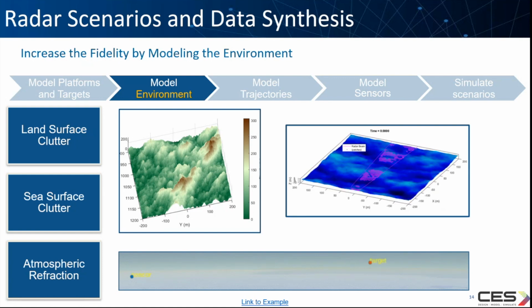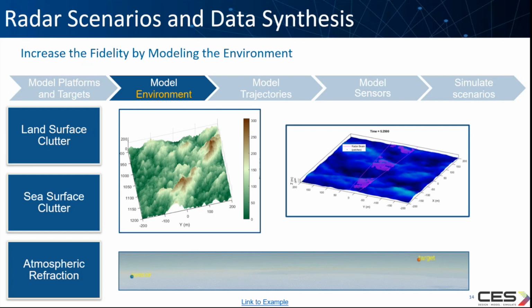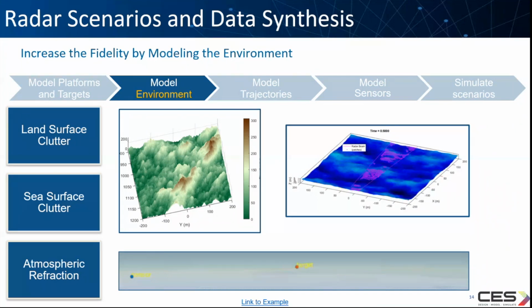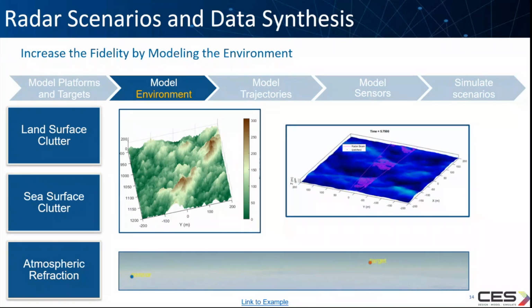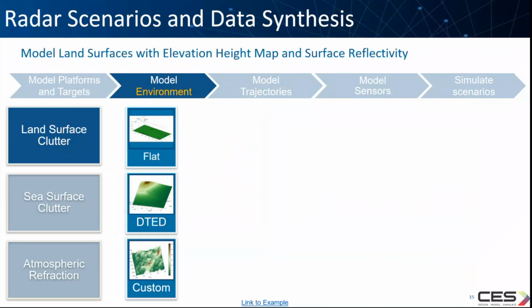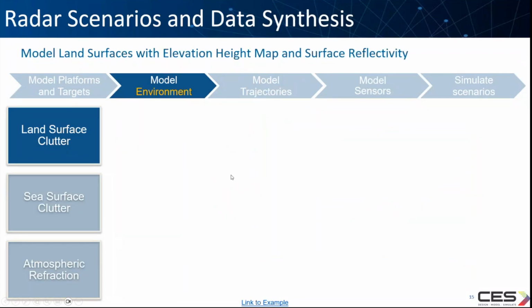The atmospheric reflection can also be modeled, and we have a set of built-in atmospheric models based on effective Earth radius and refraction. There are three options that you can use to define the land elevation.